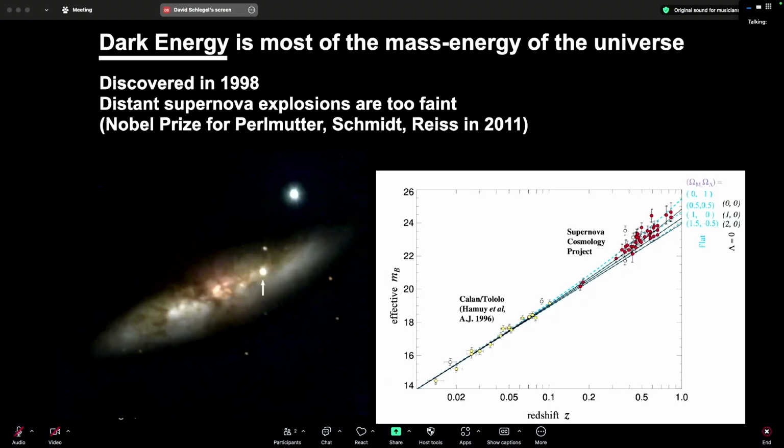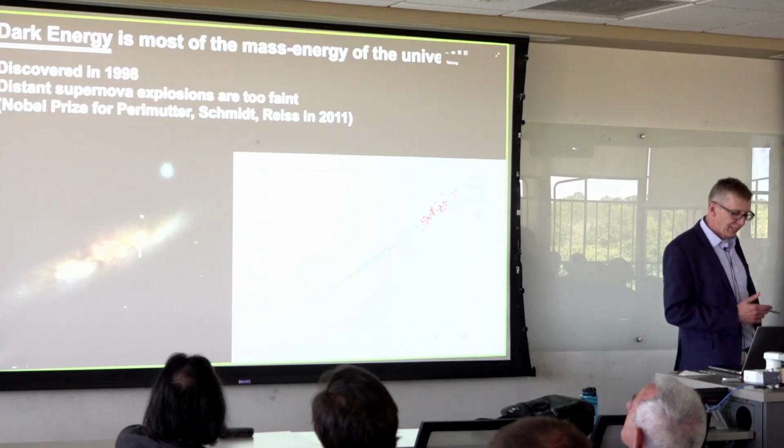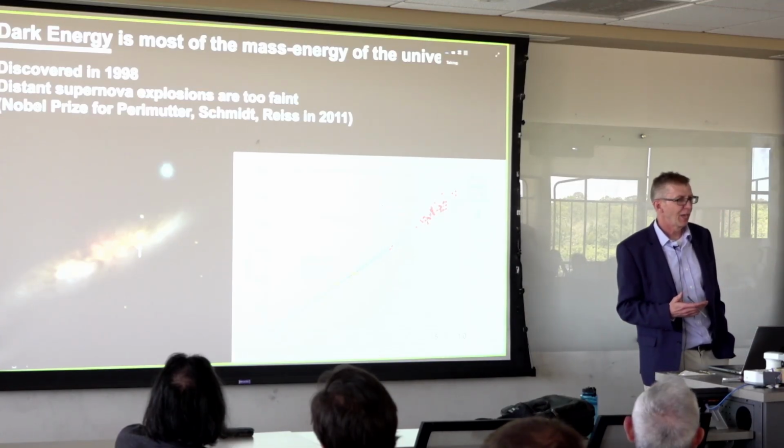So those are the particles. Then we come to the forces. The other thing we know today is that dark energy accounts for most of the mass energy density of the universe. People like to point to this as a discovery in 1998 of distant supernova explosions being fainter than they should have been.